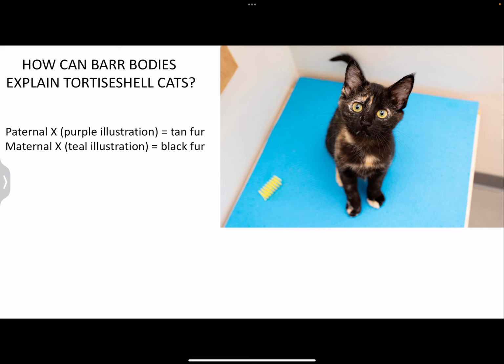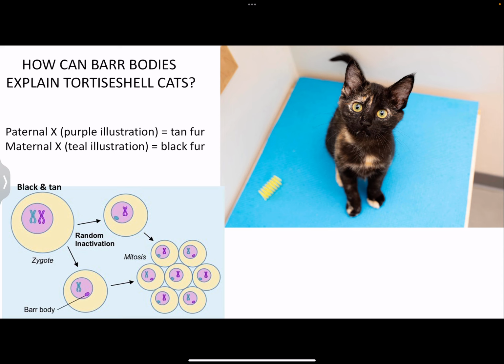You could use Barr bodies in this mosaic model to explain the tortoiseshell color on a cat. So if we look at this cat, and we see this tan fur and this black fur, we can explain this using Barr bodies. Just imagine that the purple X that we see here is for tan fur, and this other X here that's teal is going to be associated down the road with cells that produce the protein for black fur.